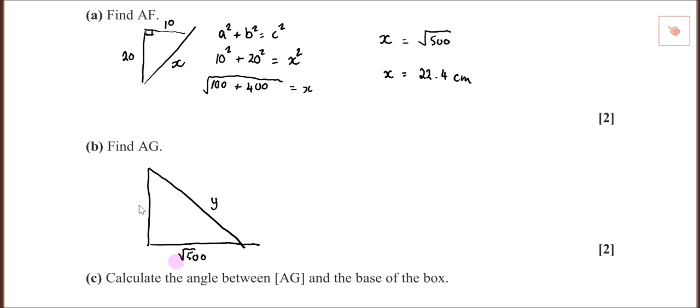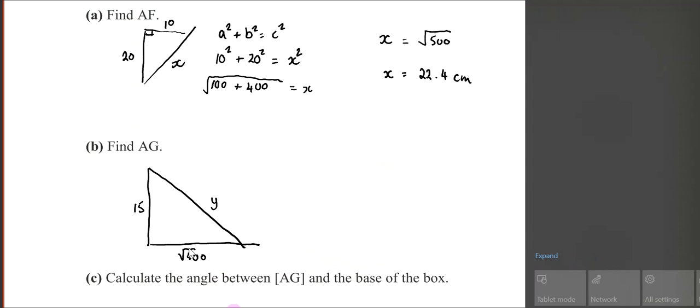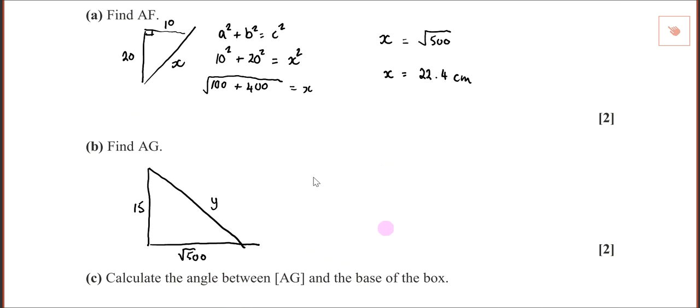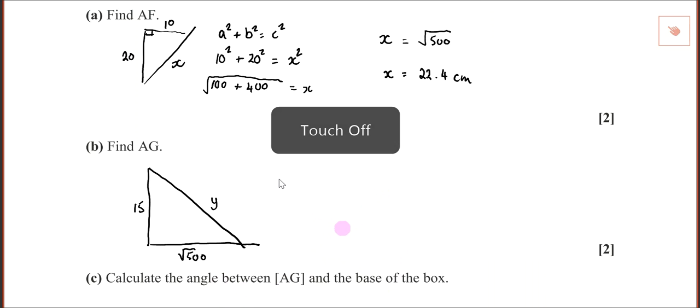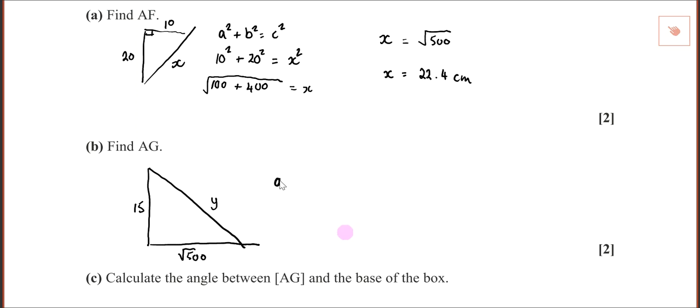The height was 15. Again, the reason why I've left it as the square root of 500 is because I'm going to do Pythagoras' theorem again. So I'm going to do a squared plus b squared is c squared. So that's 15 squared plus the square root of 500 squared. So I could have used the 22.4. No problem if you did.